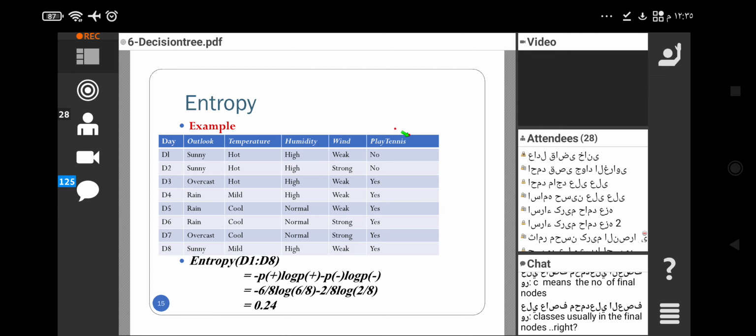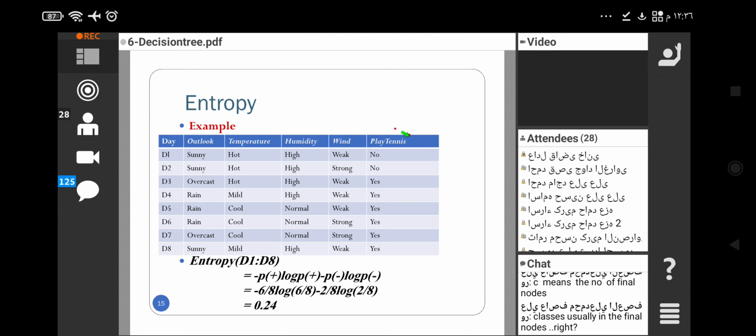So we have two classes, no or yes, and the rest of the data is the outlook, the temperature, the humidity, and the wind.